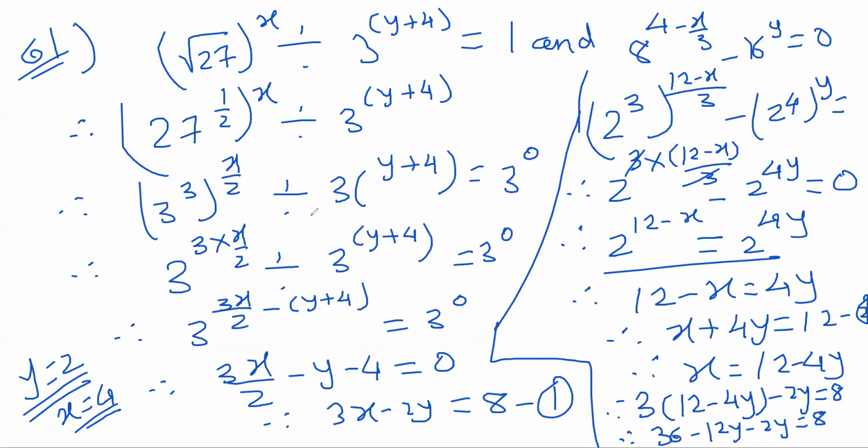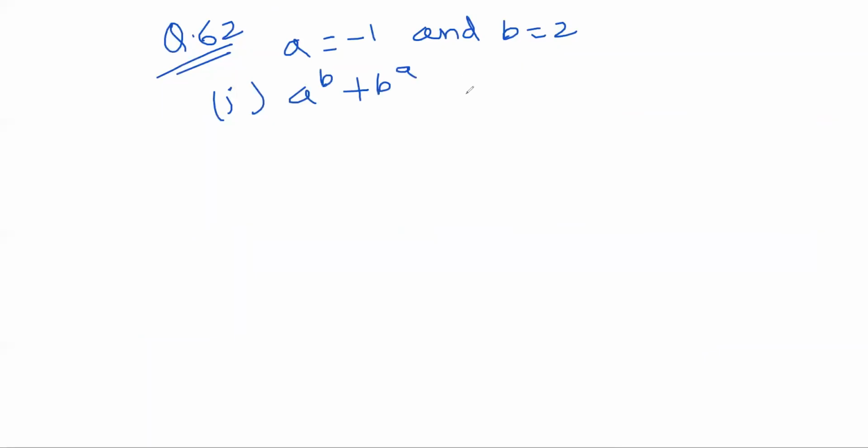Okay, let's do question 62 quickly. a is equal to -1 and b is equal to 2. Find first a raised to b plus b raised to a. Very easy. It's easy, sir. Very easy. -1 square is 1. The square of a negative is positive. And 2 raised to -1 is half.